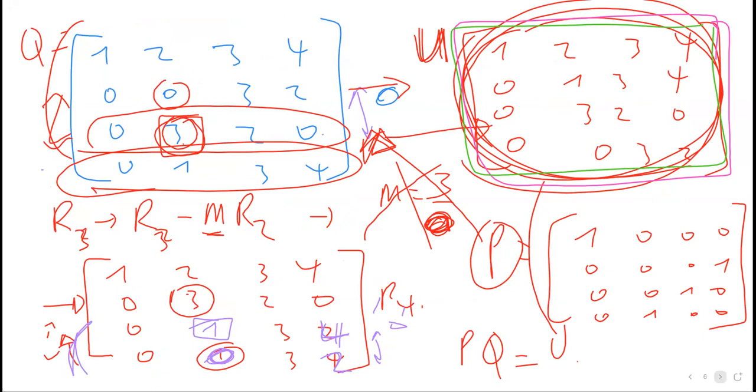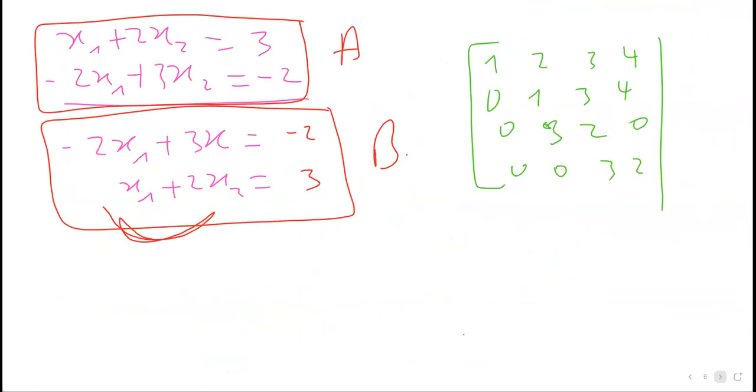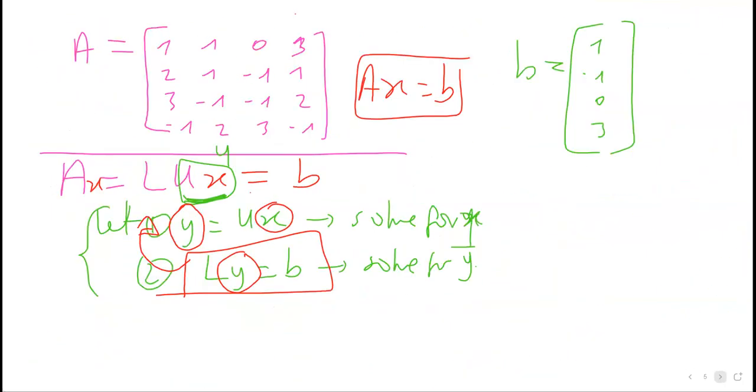Then already here, we would have already exchanged row 4 and row 2. So if we took a certain right hand side like this one, then it means we already have exchanged this.